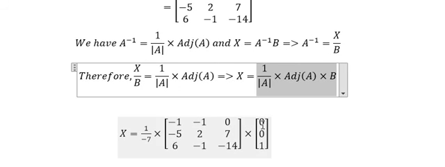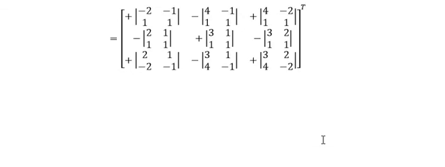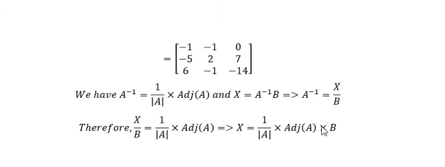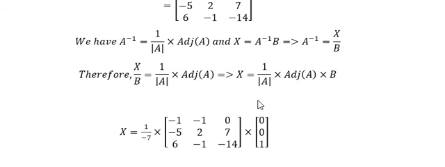The matrix B is 0, 0 and 1, we just calculate here. Now we put them in the answer. So we have 1 over A here, that's 1 over -7, the adjugate of the matrix A here, and the matrix B here.